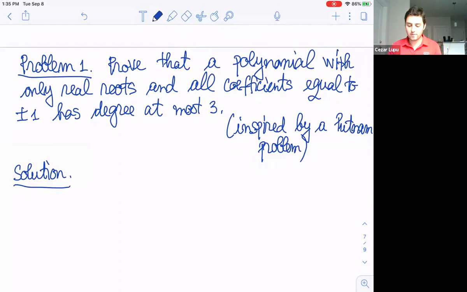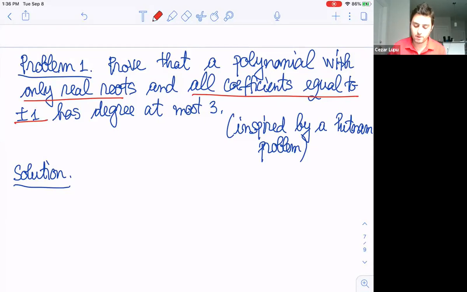As you can see here, I have some information about only real roots and coefficients. Look here. So if you look closely at this problem, you'll realize that, wait a second. There must be some kind of Viète relations hidden somewhere there, right? So what do you think?